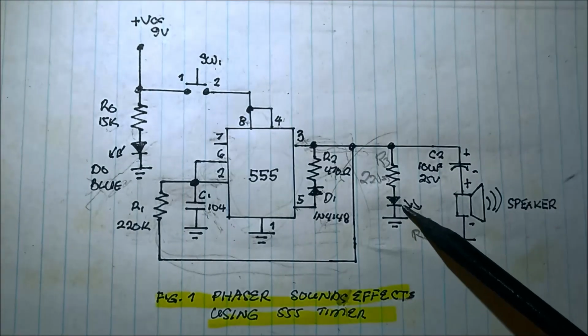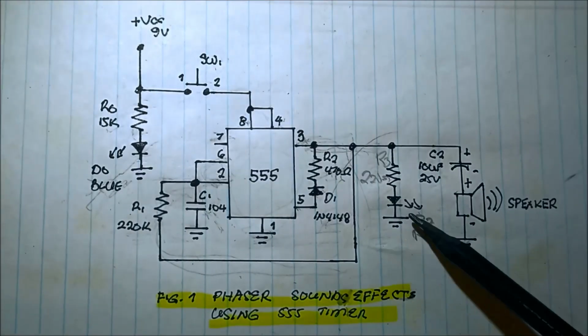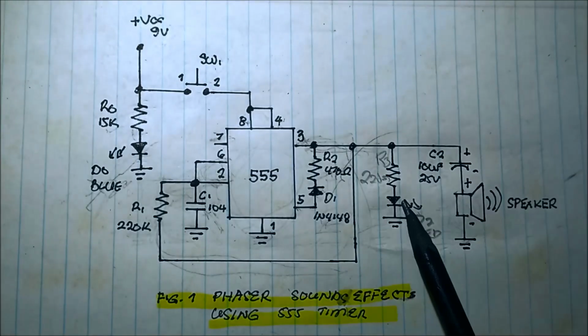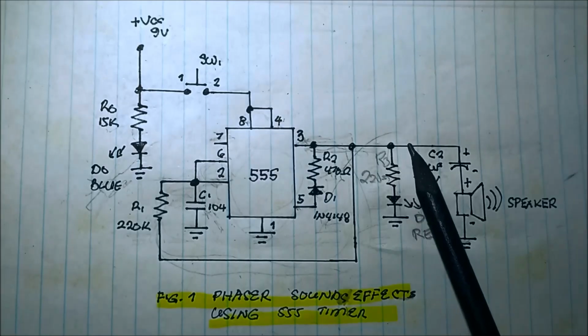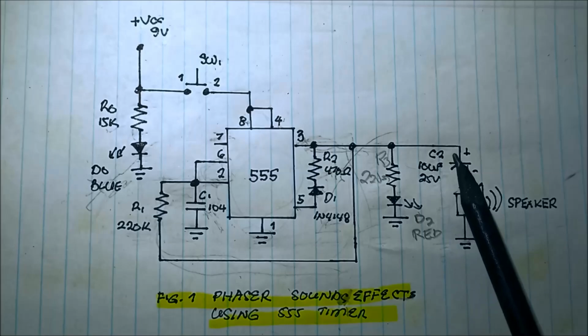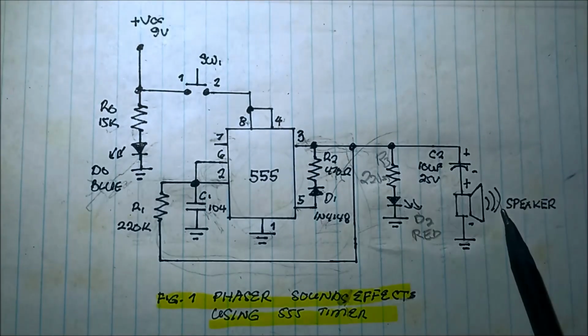So this is the one that is blinking during the demonstration demo. And then also to the output is the 10 microfarad 25 volts capacitor. In series is the speaker.